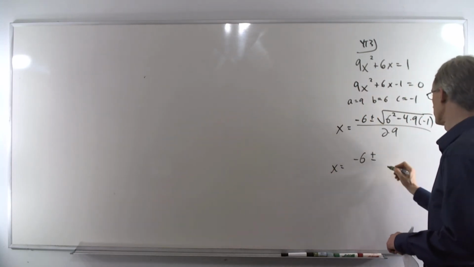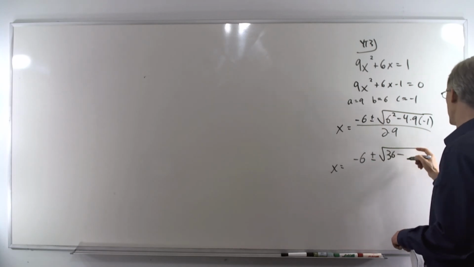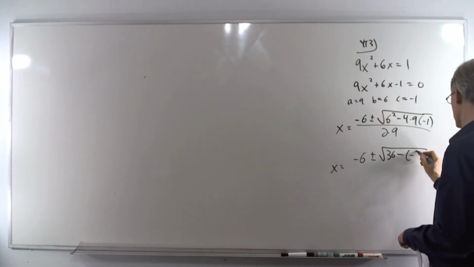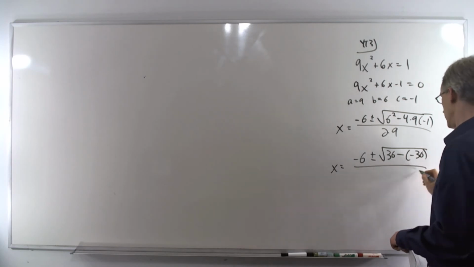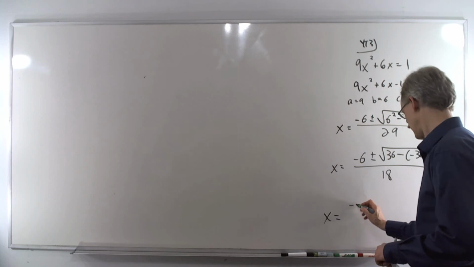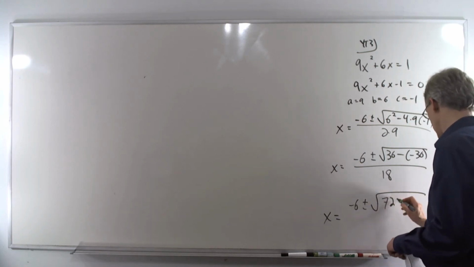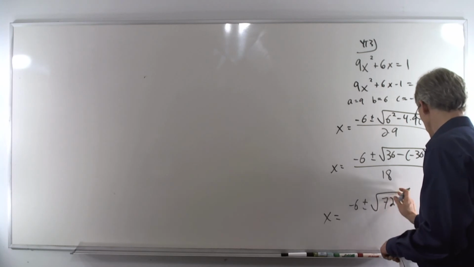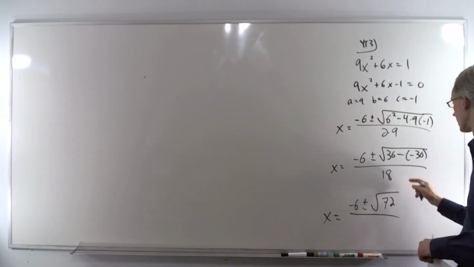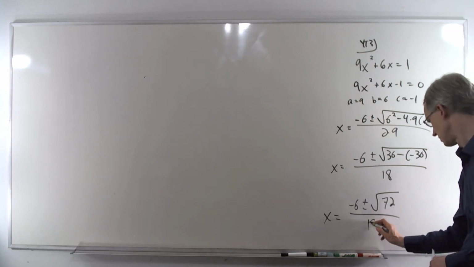Alright, negative 6 plus or minus the square root of 36 minus negative 36, all over 18. Combining those, you're going to add 36 and 36 to get 72.